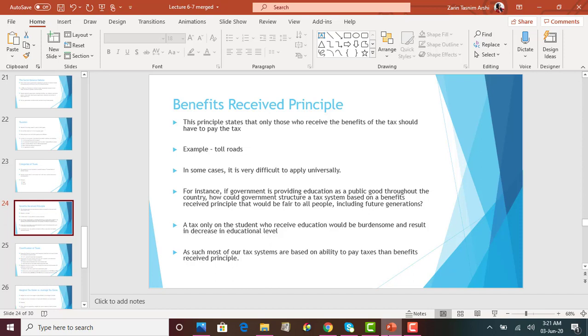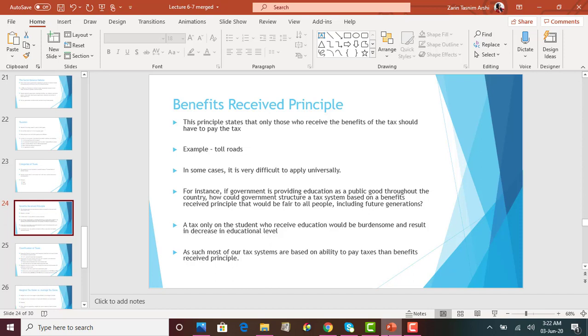But this cannot be applied universally. It is very difficult to apply universally. For instance, if the government is providing free high school education, and they are providing upper education as a public good, then how can the government impose taxes on the students and not anybody else? That wouldn't be fair, right?